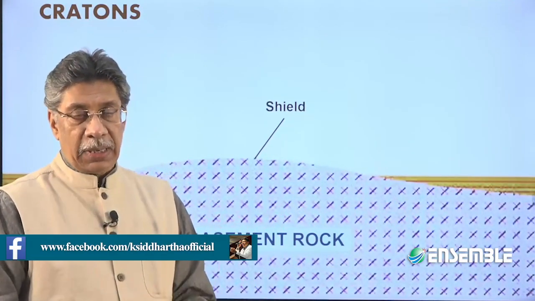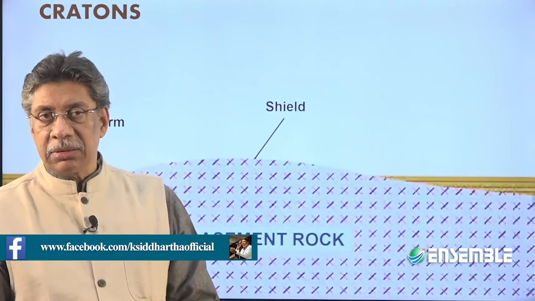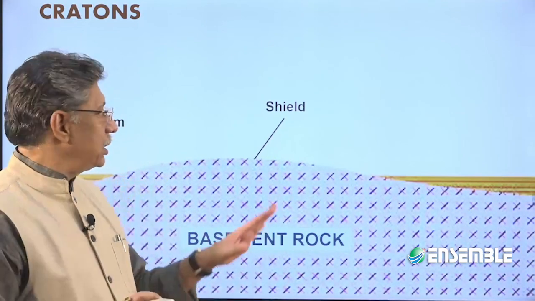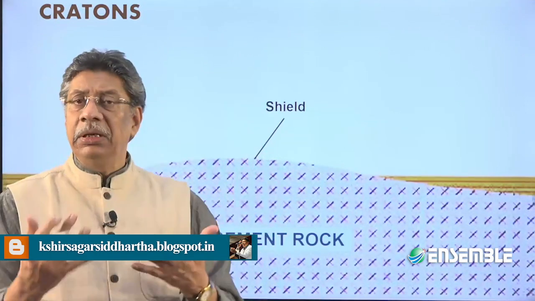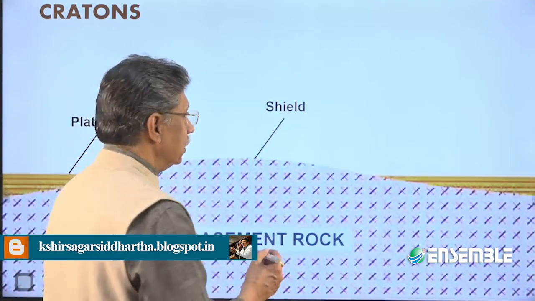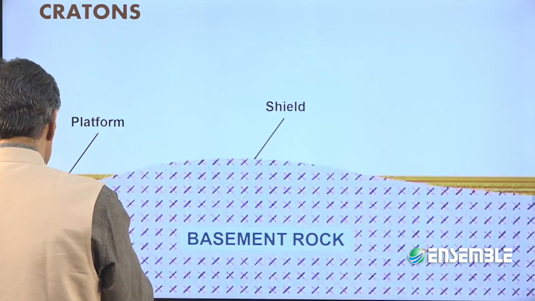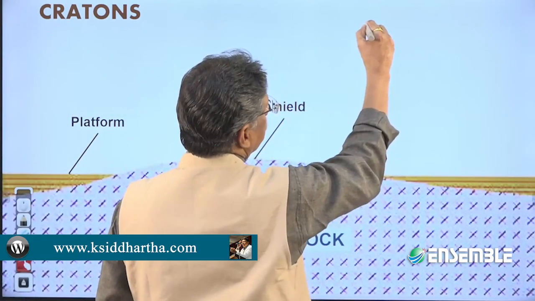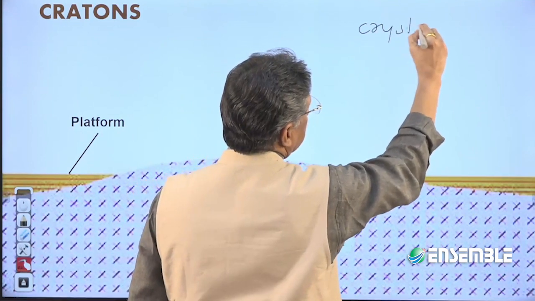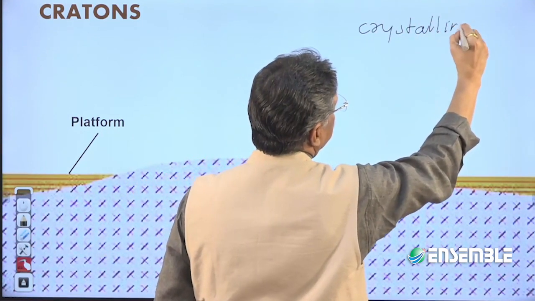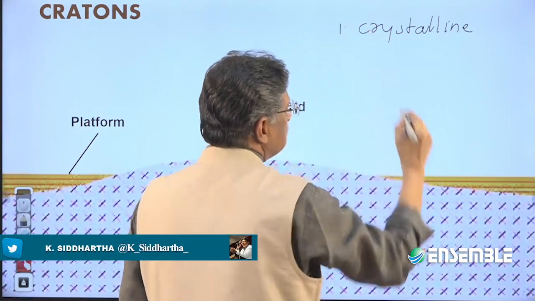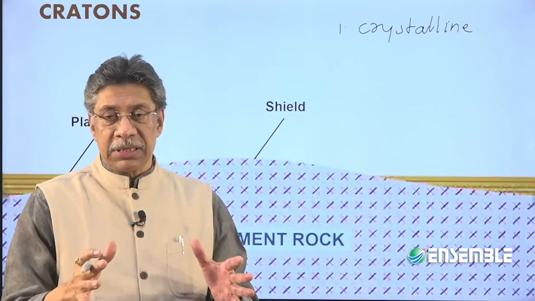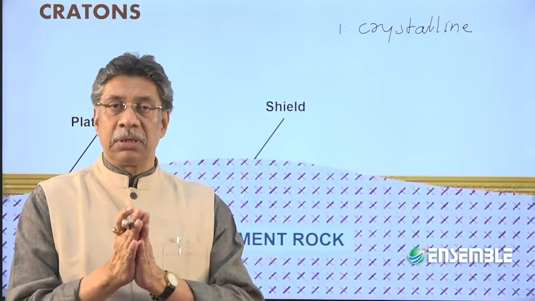Coming to the first part, that is craton. Craton is a crystalline structure that has been very little deformed. The catchword in this case is crystalline. That's the first characteristic. Crystalline means it is made of those types of materials which form the first crust.